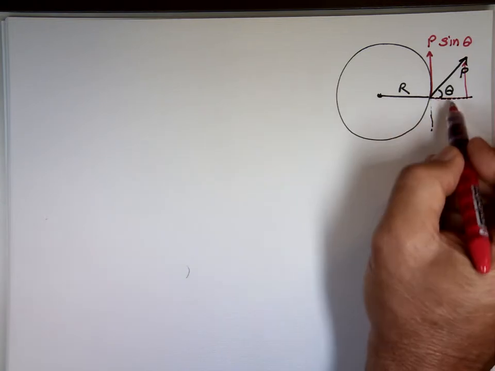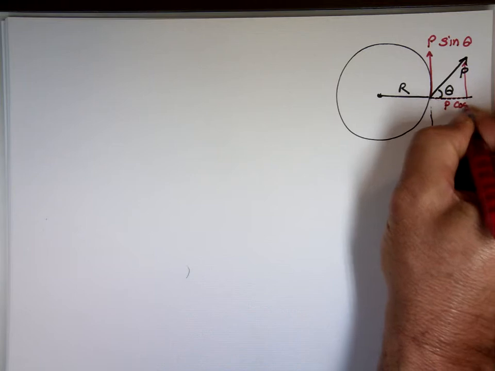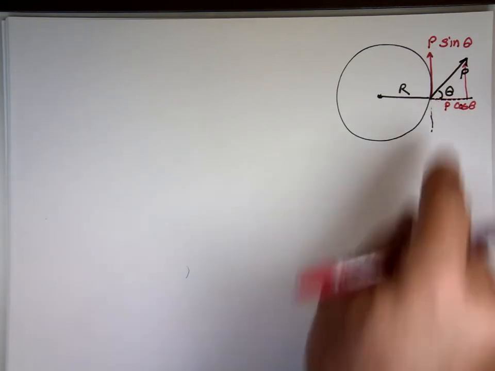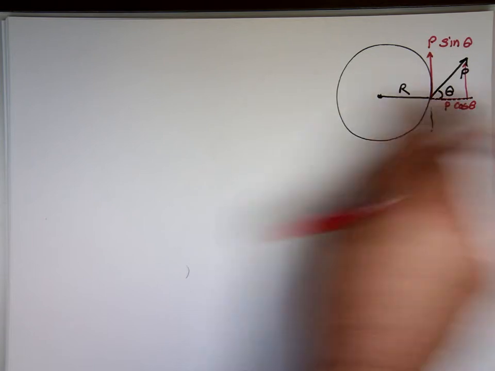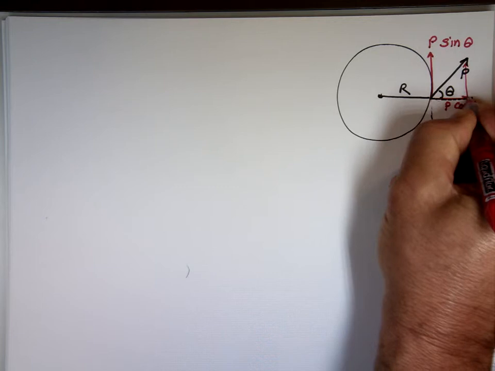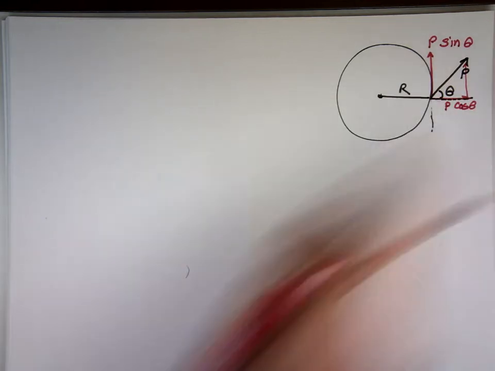This value is P cosine theta. I don't care about this value here. This has no torque because the pivot point is right there. It goes through that pivot point. Notice it goes through the center of that circle. So this has no torque.